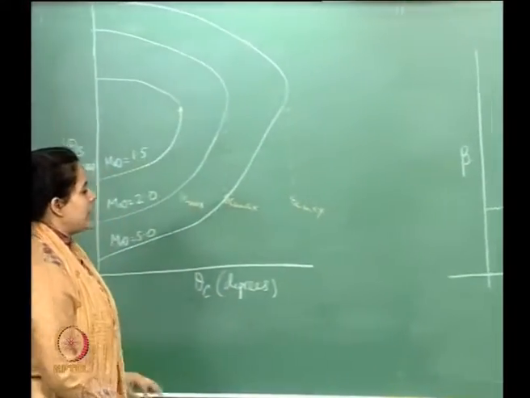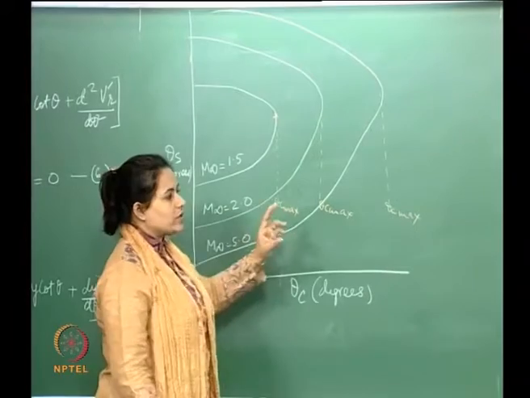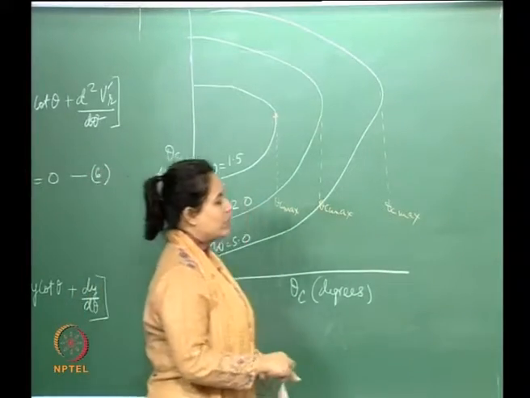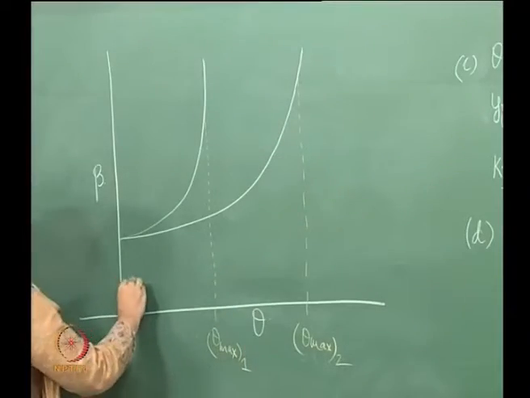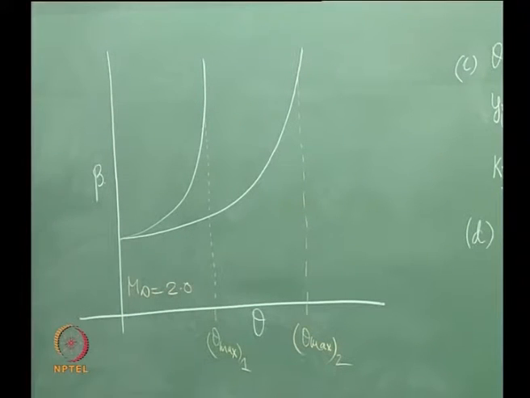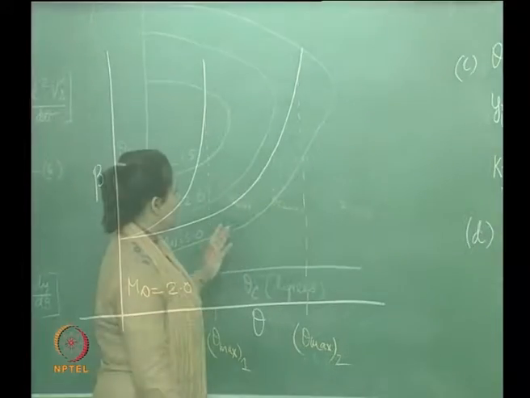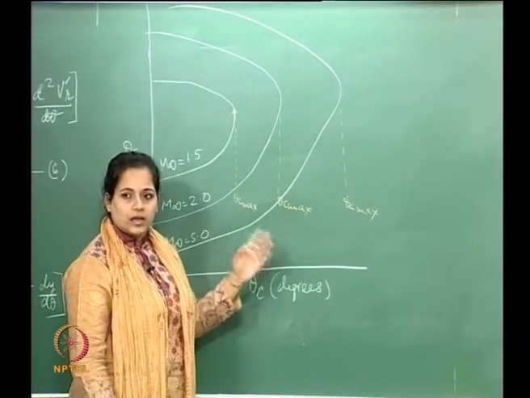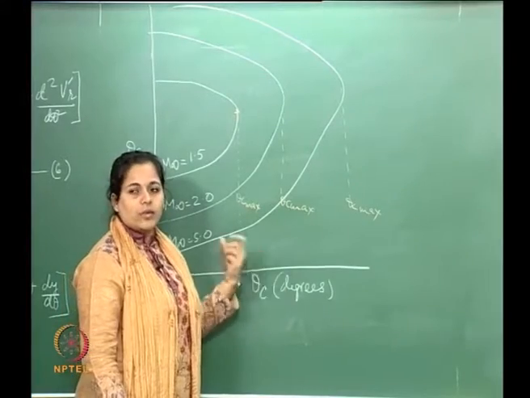As I just said, for the same Mach number, say this is for Mach 2, the cone has a larger theta c max compared to the wedge.